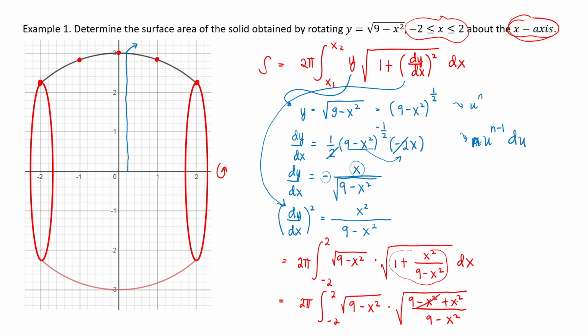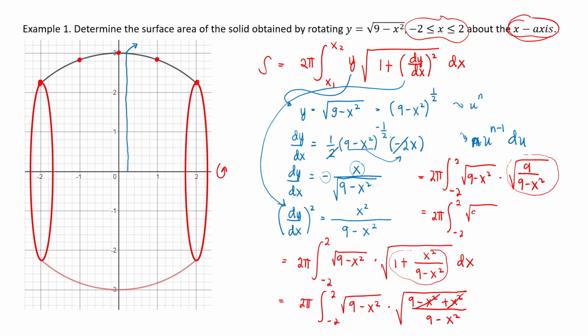So cancel out x squared. So what's left in the equation is you're going to have 2 pi, square root of 9 minus x squared times the square root of 9 over 9 minus x squared. So notice that this portion here can be separated, which gives us 2 pi. So properties of radical expressions.